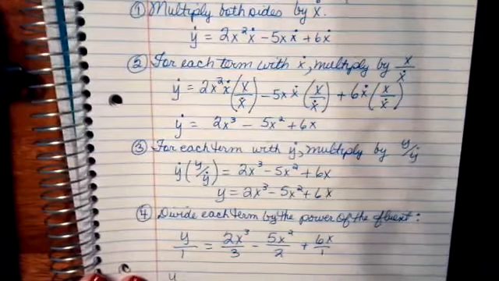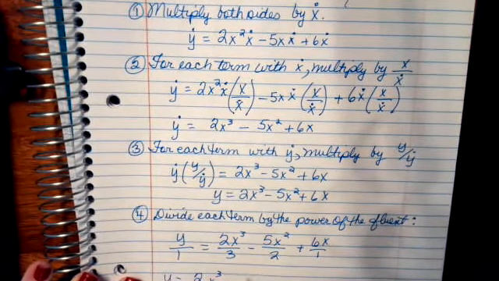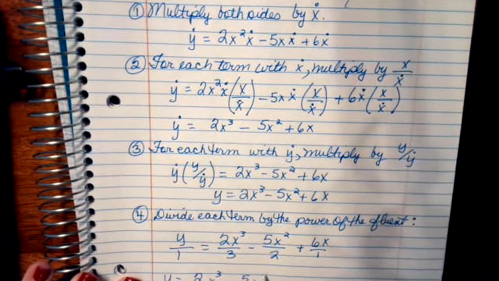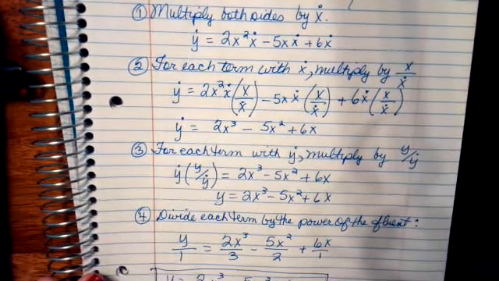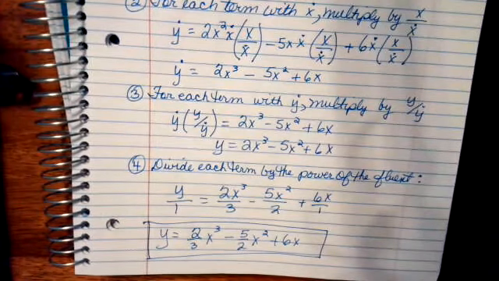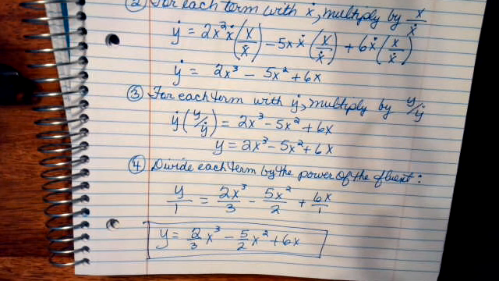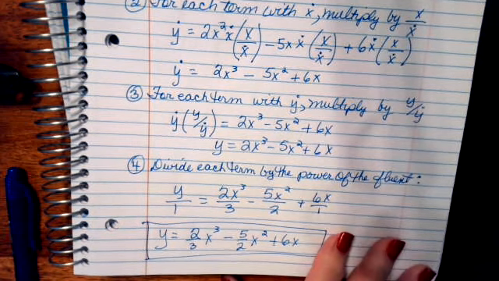And sure enough, I get y equals 2/3 x to the third minus 5/2 x squared plus 6x plus or minus a constant. There you go. That's what I expected to get. That's pretty nifty. Pretty amazing.